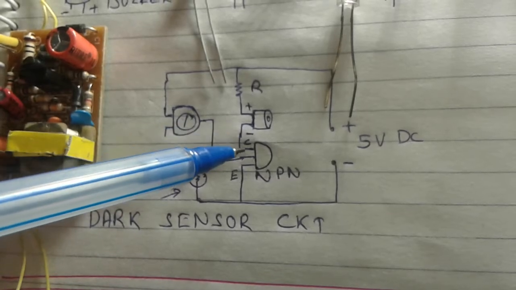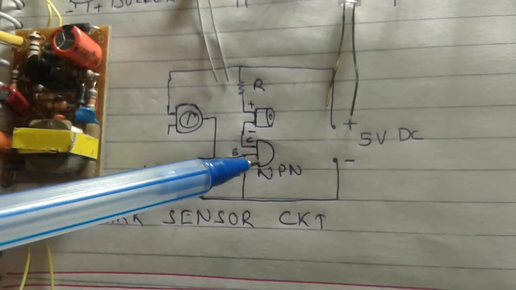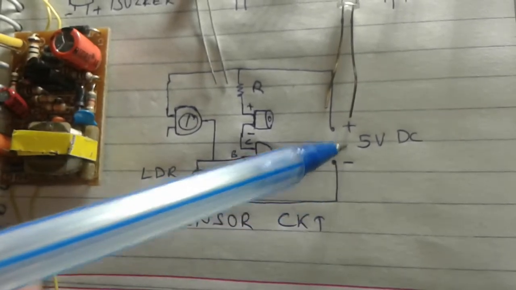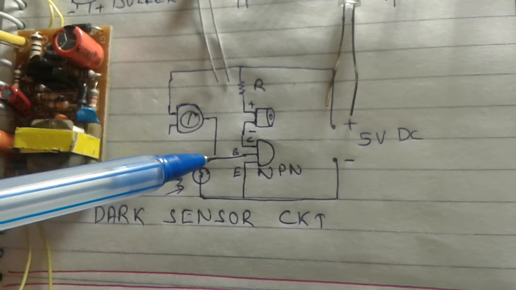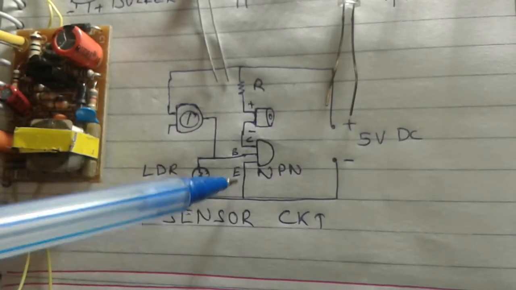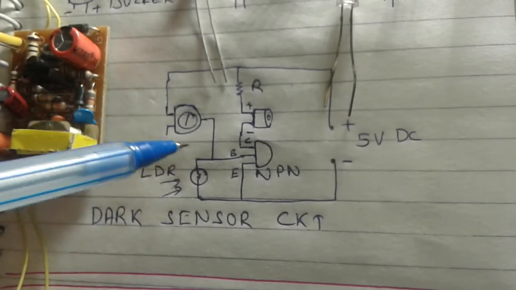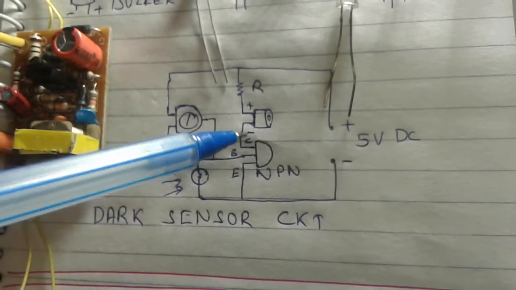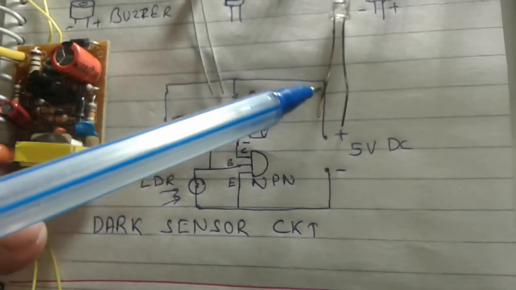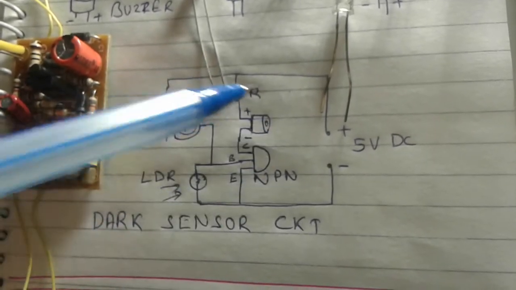The negative terminal of this buzzer is connected to the collector, and the emitter of this transistor is connected to the ground. The base has the connection of the LDR, and this variable resistor is connected between the base and the collector of this transistor. As you can see, this terminal is connected to the positive. Let me show you how it's working in the breadboard circuit.